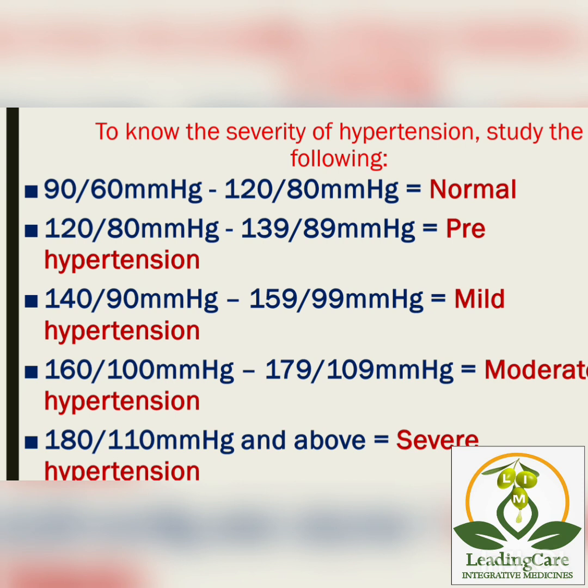Let us note here, about 18% of people with hypertension are told they are normal. 18% of people that have hypertension, in the hospital, at the clinic, were told they are normal.